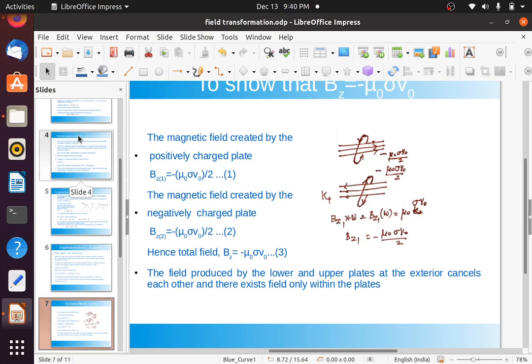Then mu 0 times I, where I is equal to sigma V0.